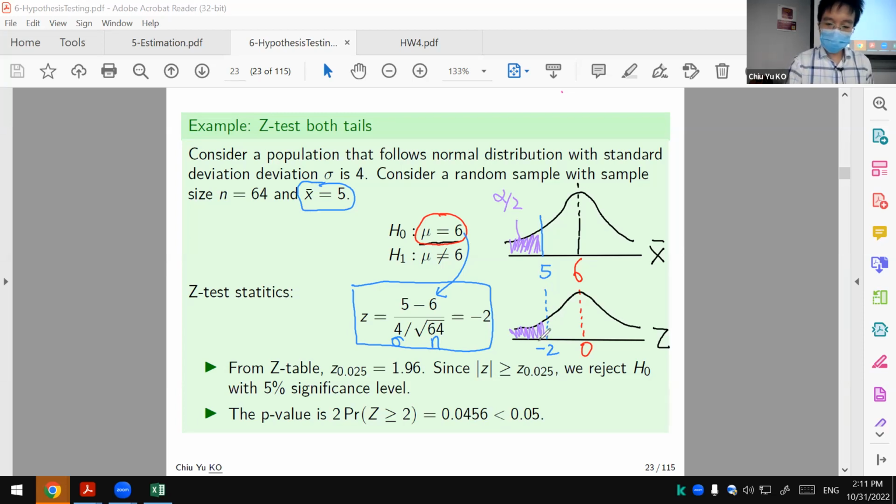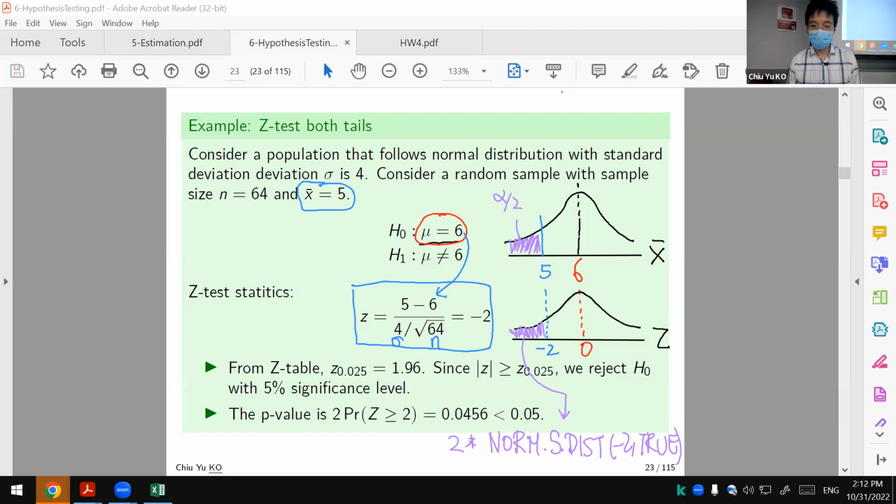So how do you calculate this area? This area is just norm.s.dist of -2, true. If you want to calculate the p-value, you need to multiply by 2. This gives you the p-value. You times it by 2 and compare to alpha.